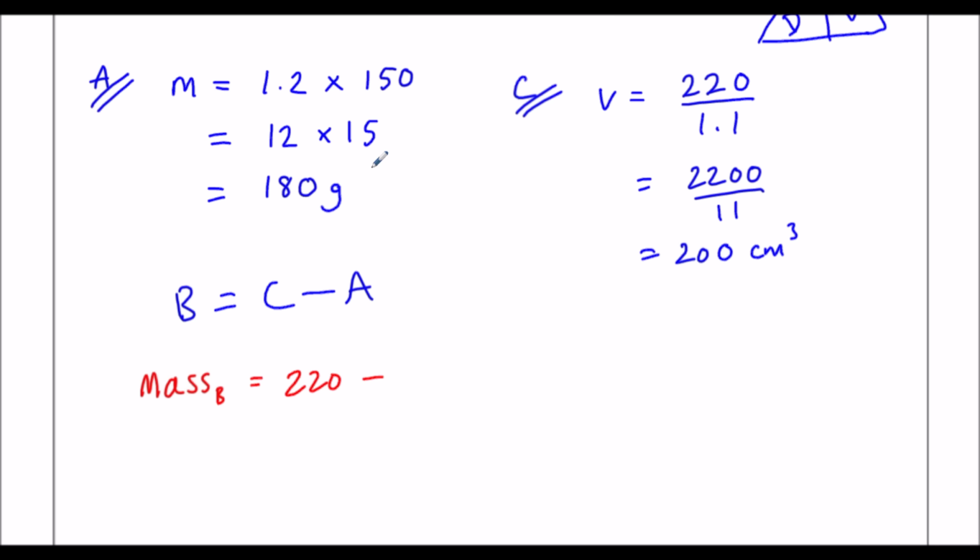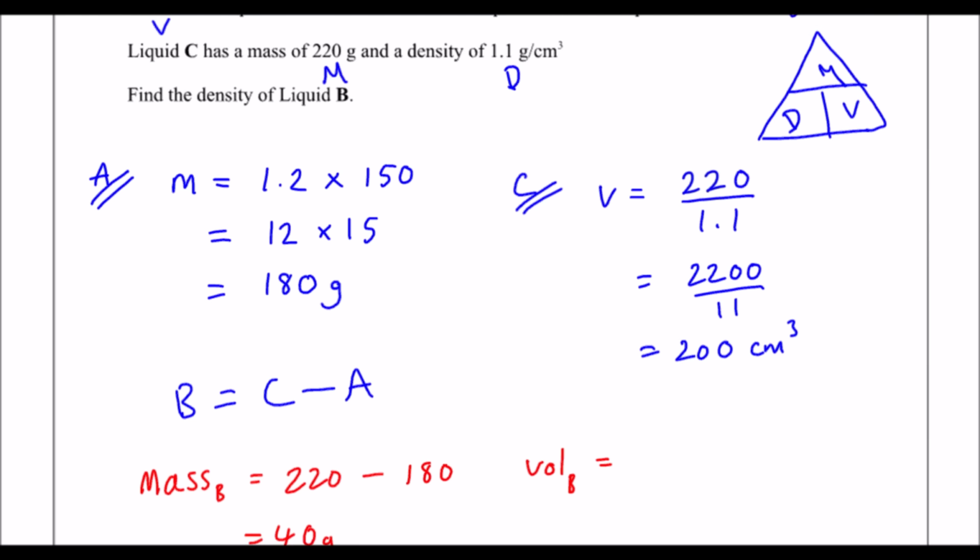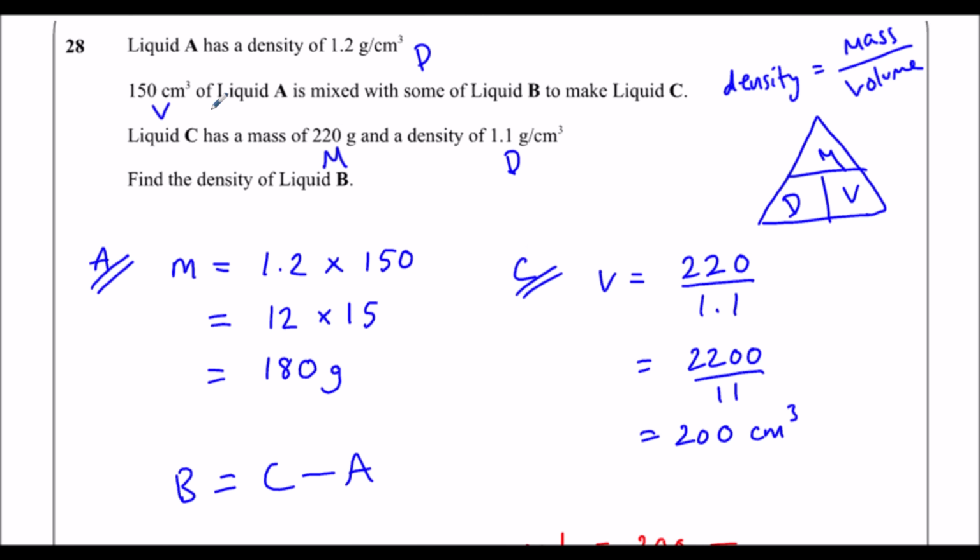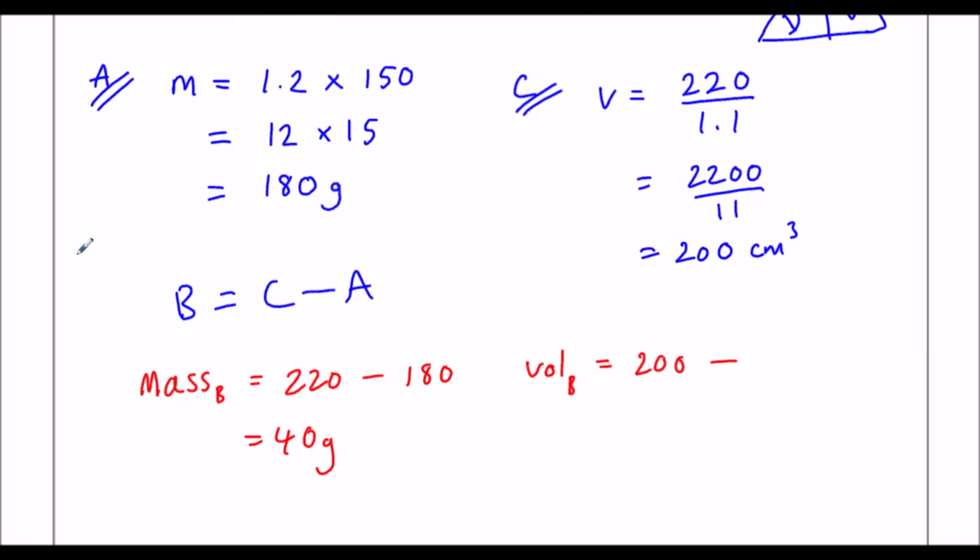Take away the mass of A, which is 150. So that's 40 grams. And the volume of B will be the volume of C, which is 200. Take away the volume of A, which is 150. 200 take away 150 is 50.